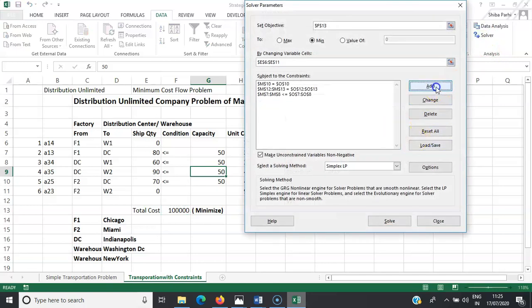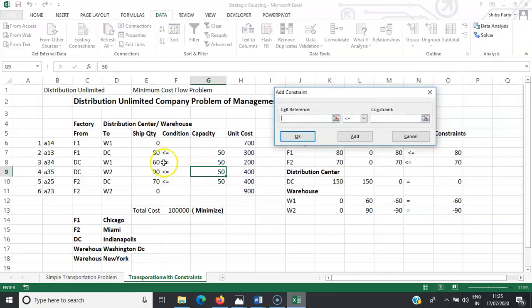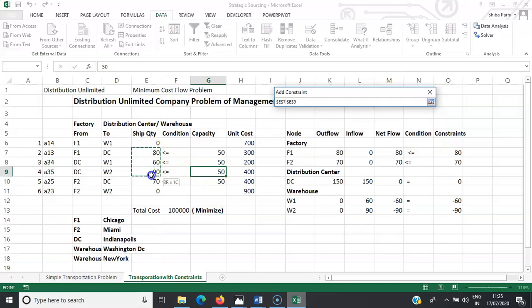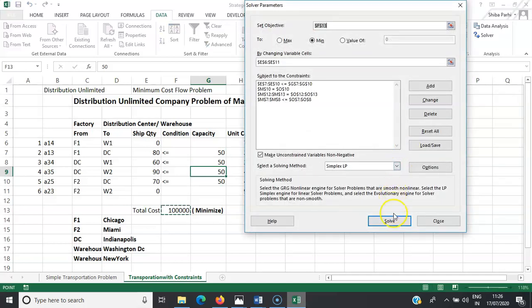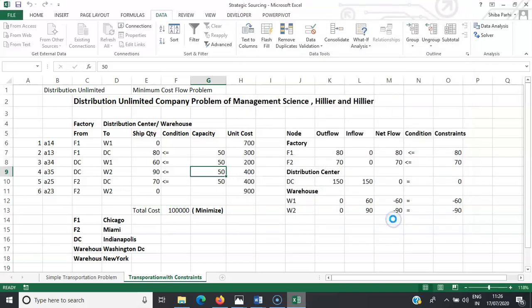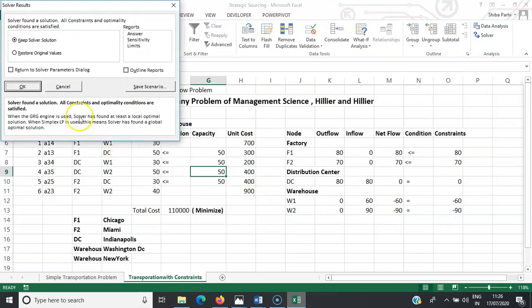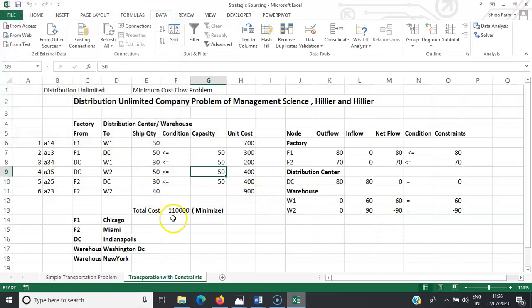Then I have to add another constraint. These are the constraints I have to add, and this is the constraint we have to add. By adding this road constraint, max 50 units it can transport. So let us see the solution. If you see, the whole amount is 1,10,000 dollars.